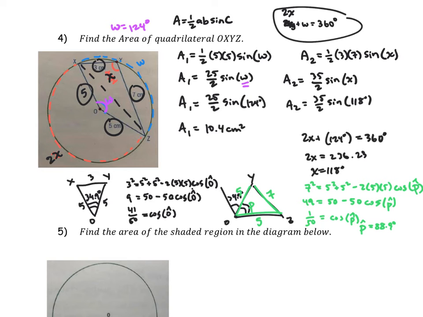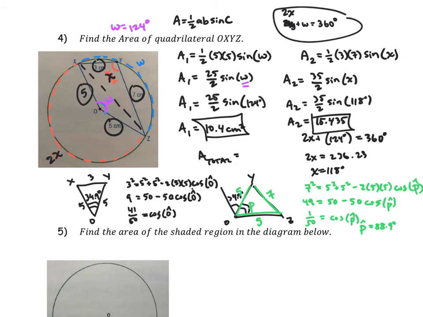So let's do that. 35 divided by 2 times sine of 118. We get 15.435. I'm going to add that 15.435. So the total area will be these two values added together.